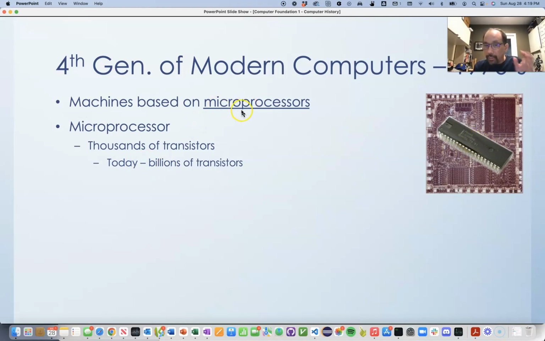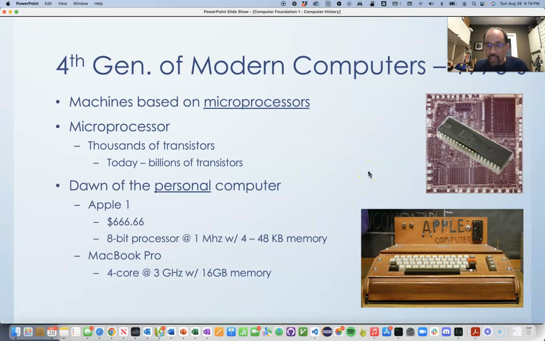And the brain of a computer is the microprocessor. And it was a big step forward when we could put the entire brain of the computer, the microprocessor, into a single chip. And once that was done, Steve Jobs and Steve Wozniak put together this little hobby device called the Apple I, and they would sell it for $666.